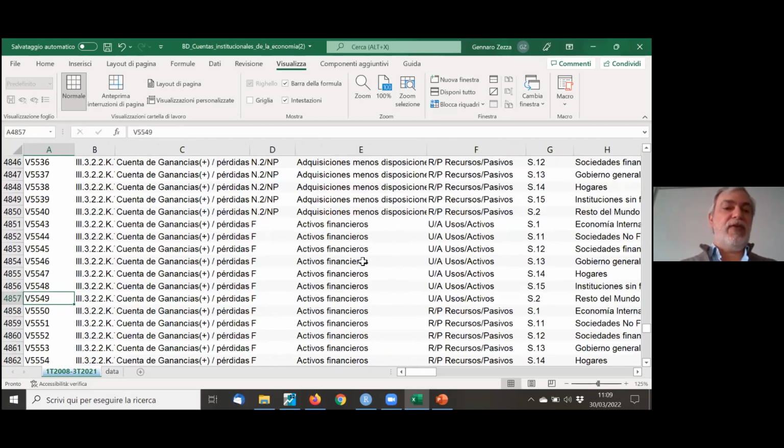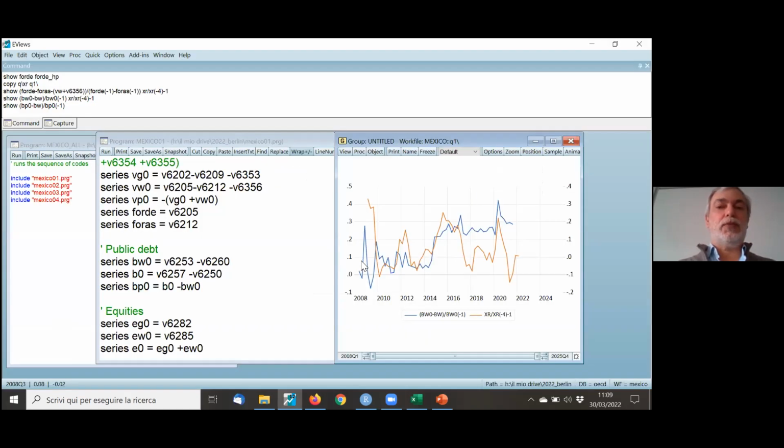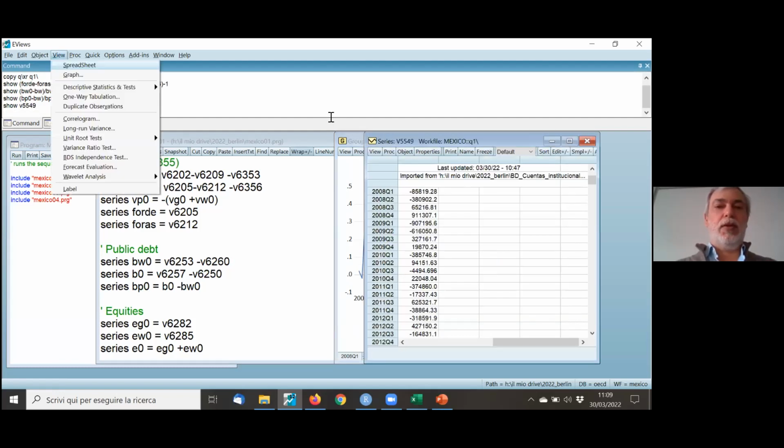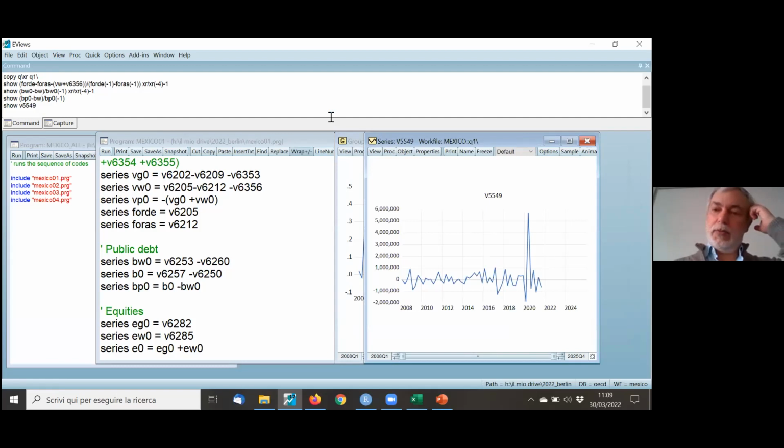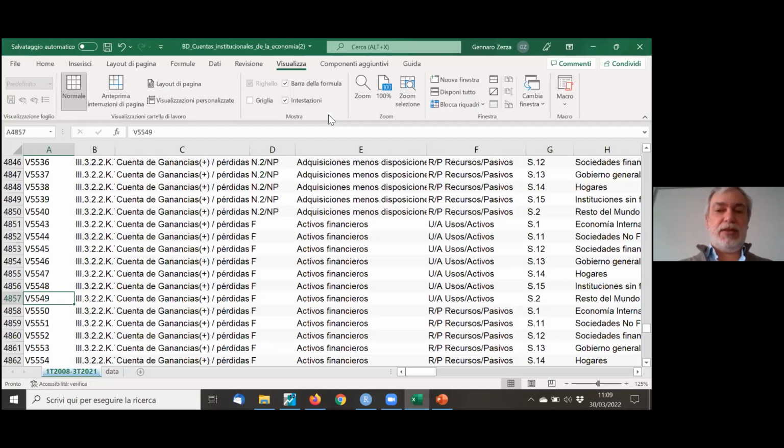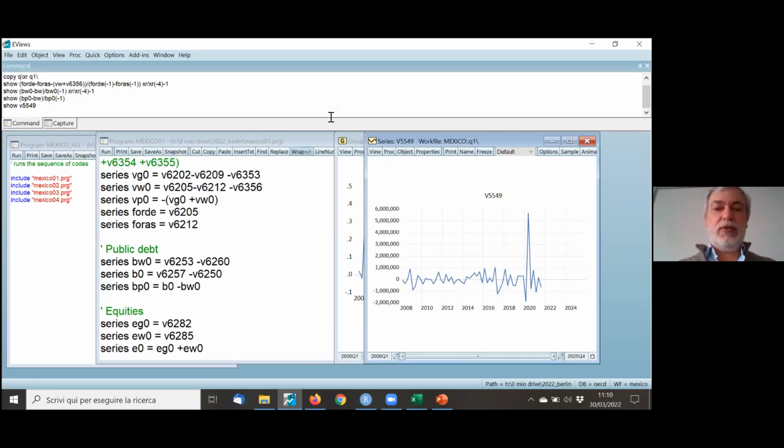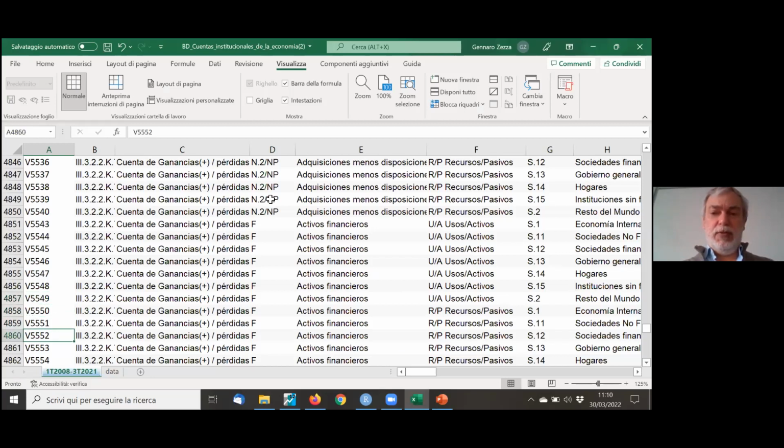It's V5549. So this is what they report for the net capital gains on assets of the rest of the world, but it doesn't seem to have any resemblance to what we were trying to measure before.